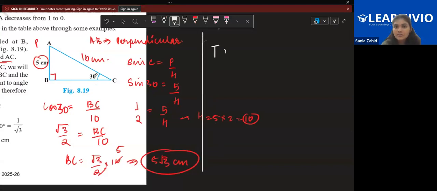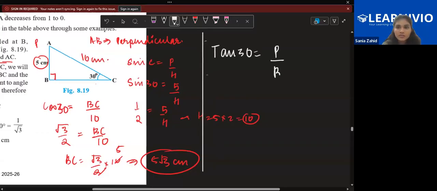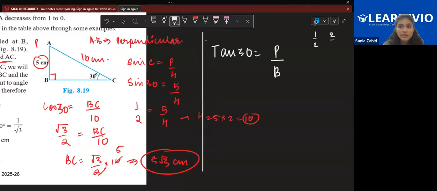Tan C or tan 30 is perpendicular upon base. So tan 30 is how much? Sin 30 divided by cos 30. Sin 30 is 1 by 2, and cos 30 is root 3 by 2. So dividing, this becomes 1 by root 3.